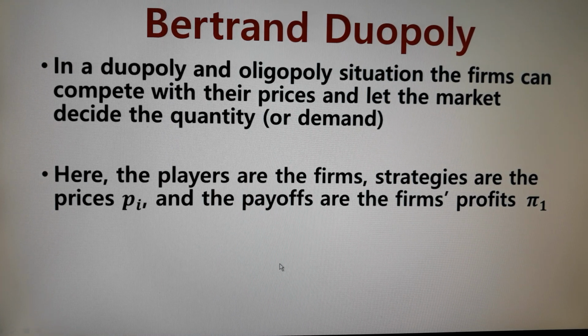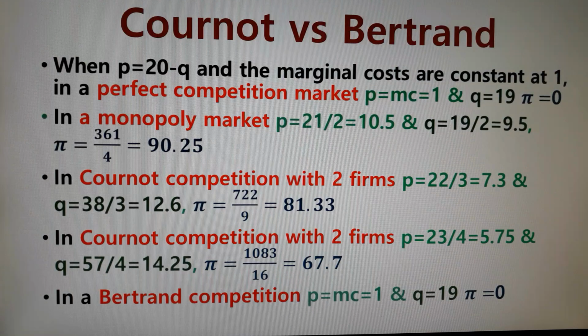Instead of doing the Bertrand duopoly, I'm going to point out one thing. Look at the Cournot competition with two companies. We know that the price is 22 over 3 and the quantity is 19 over 3, so together Q1 plus Q2 is 38 over 3.